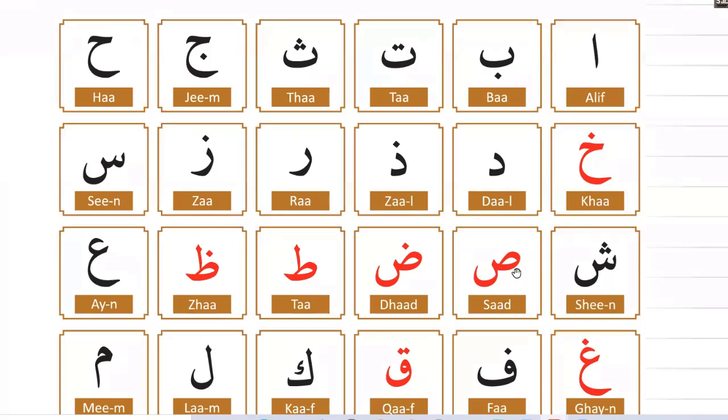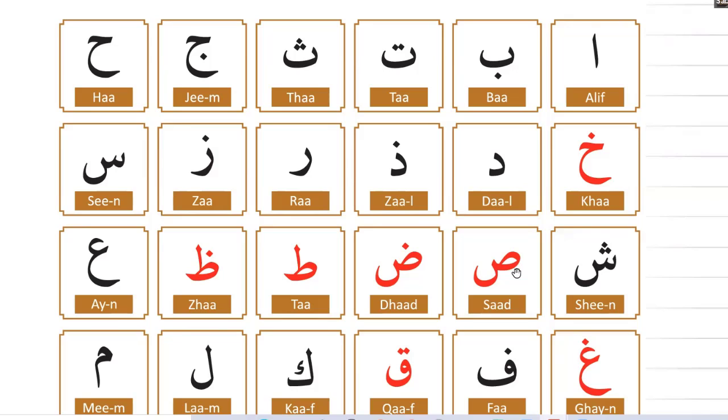So I guess we did our last class till the letter ghain, right? So now, as Priya asked, how will we pronounce the letters dal and dhal? Priya, dal is this one. How would you recognize this letter? This is like the face of Pac-Man, right?